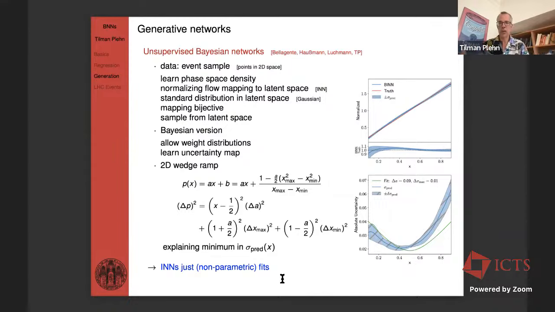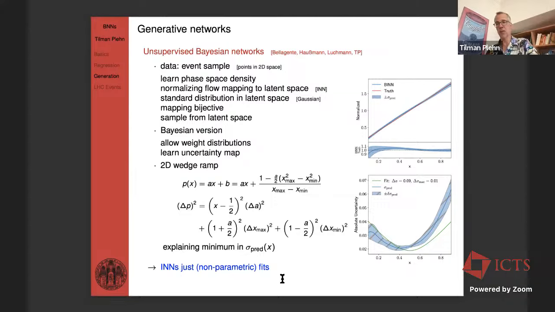So in other words, what you typically do with students in Heidelberg, we ask them to set up a network, they set up a network, something comes out. Next step is make it Bayesian because we want to understand how can we make the network better, what are the limitations, where are we stuck? Again, very typical thing. Bayesian network layers translating in PyTorch or in TensorFlow are very, very easy.